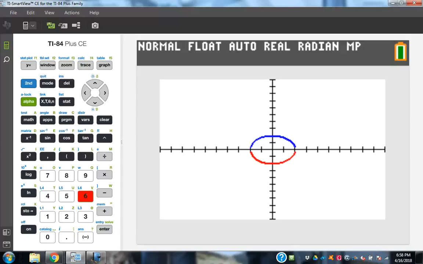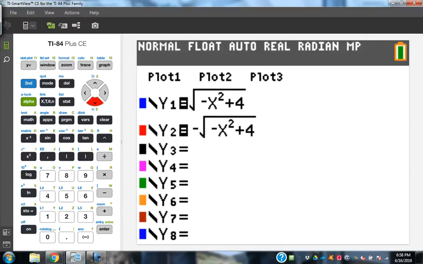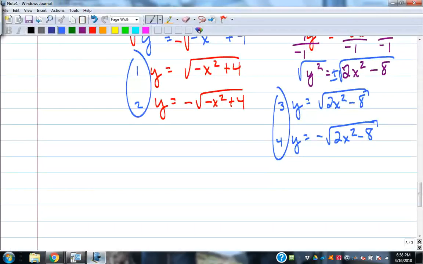All right, so let's graph the other two that we found so we can see where they cross. All right, so y equals, and then we're going to zoom to 3. Equation 3 is the square root of 2x squared minus 8.